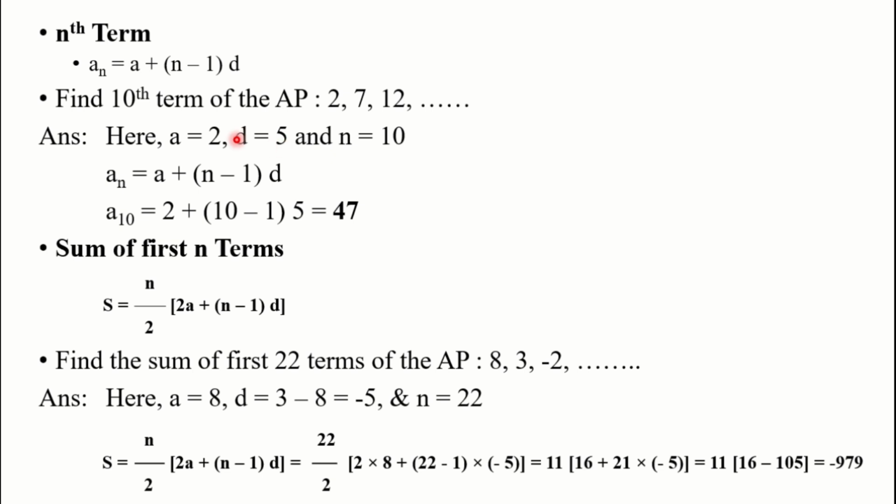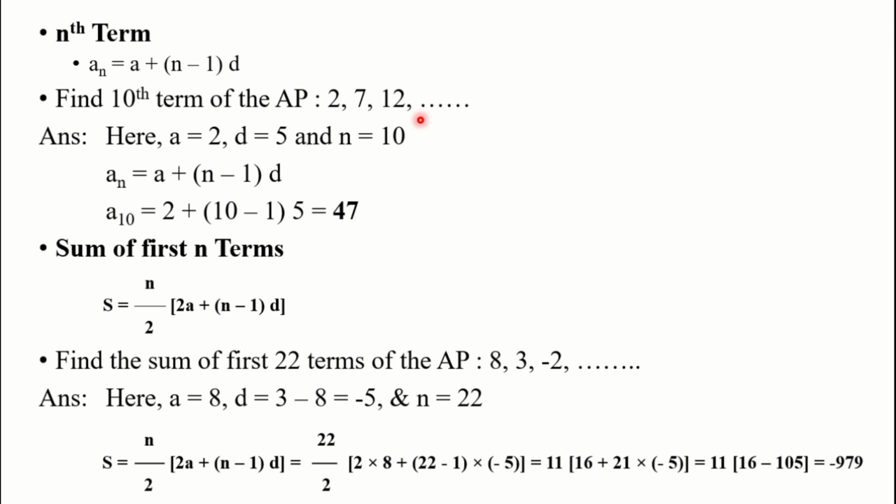We have to find the 10th term, so n is equal to 10. Since a, d and n are given, a10 is equal to 2 plus 10 minus 1 times 5, which is 2 plus 45, equal to 47. So 47 is the 10th term of this arithmetic progression.